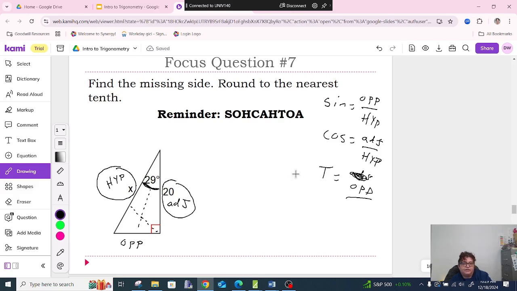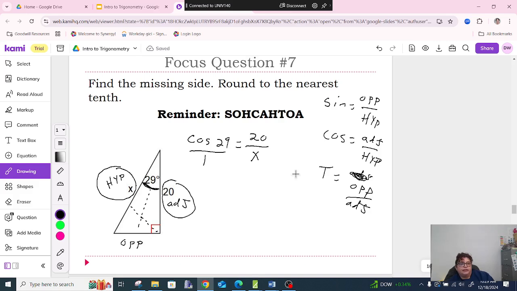So now I have adjacent and hypotenuse. So which one do I use? I use cosine. So I do cosine 29 is equal to adjacent goes on top, hypotenuse goes on the bottom. I'm going to place this over 1, and we're going to cross multiply.